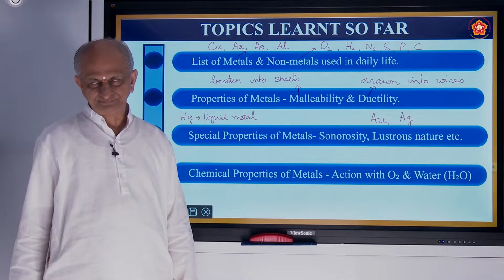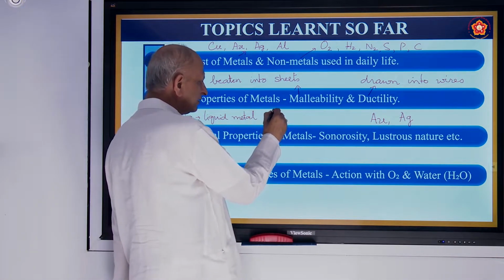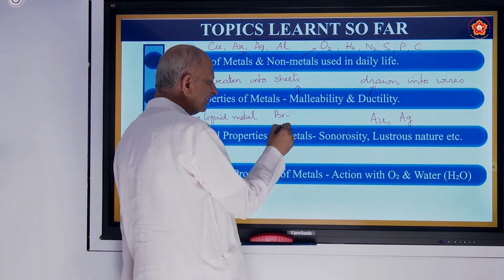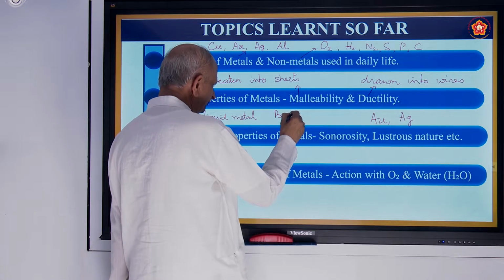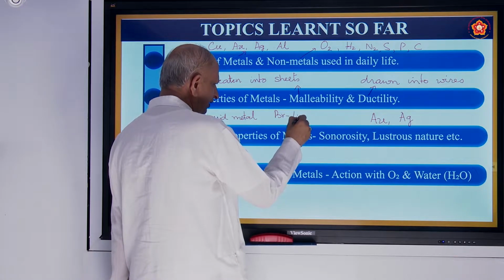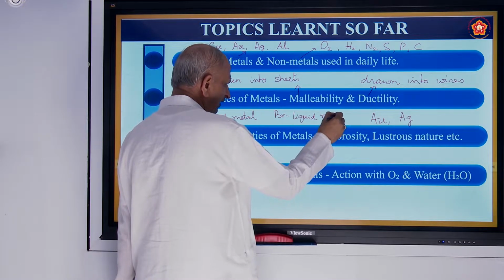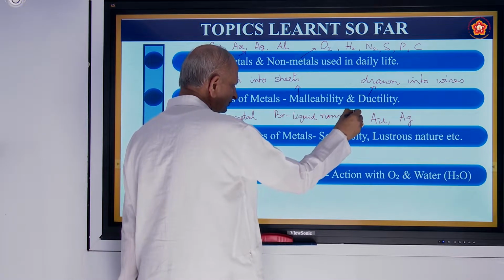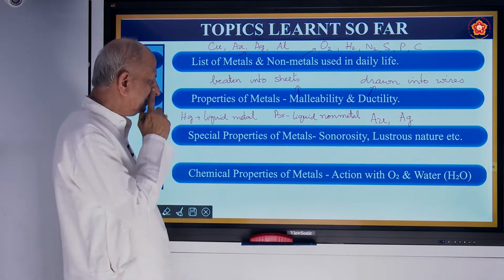It's bromine. Bromine is a liquid non-metal. So, non-metals exist in all the three states of matter, in solid state, liquid state and gaseous state. So, bromine is a liquid non-metal.